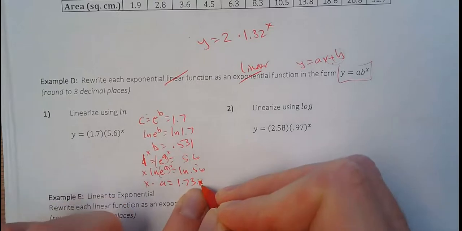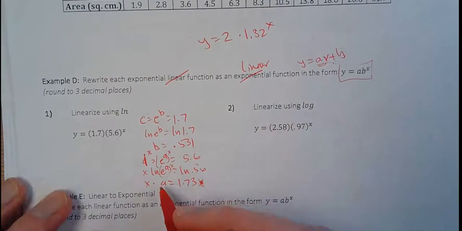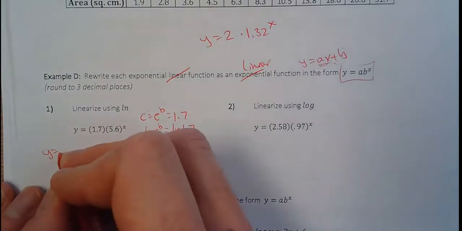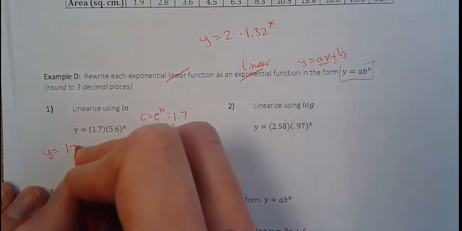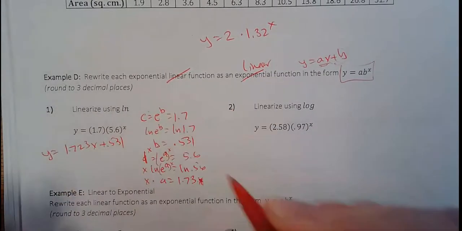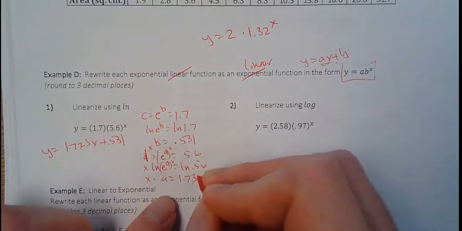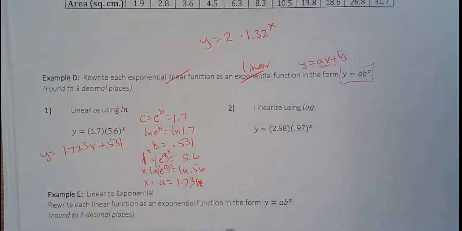That's why this is being multiplied by x here, which just so happens to be a to the x power here. So that all works out. So y equals 1.73x plus 0.531. Again, a is a number that goes here, b is a number that goes there.